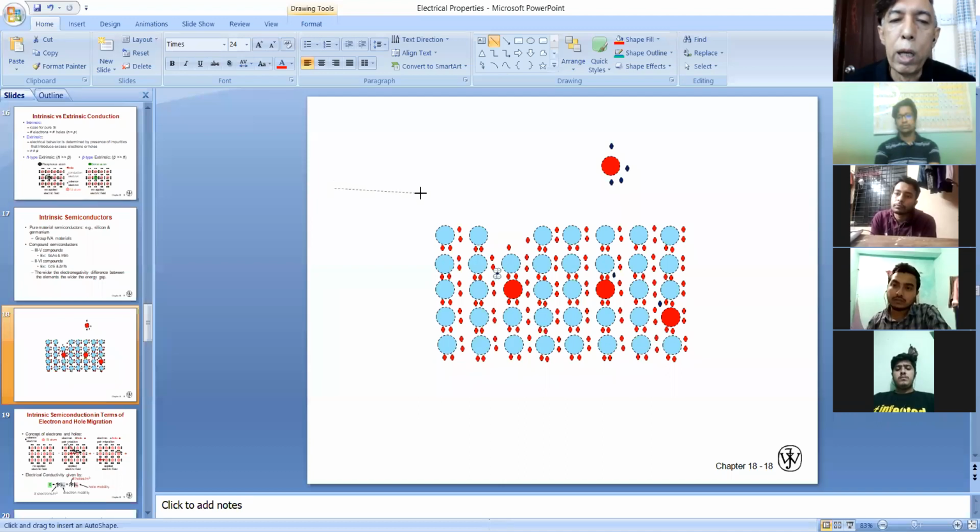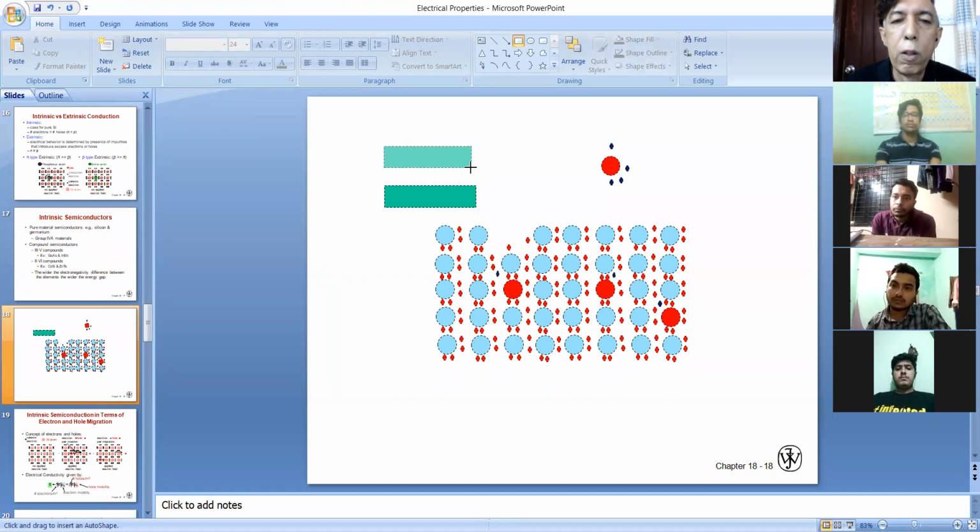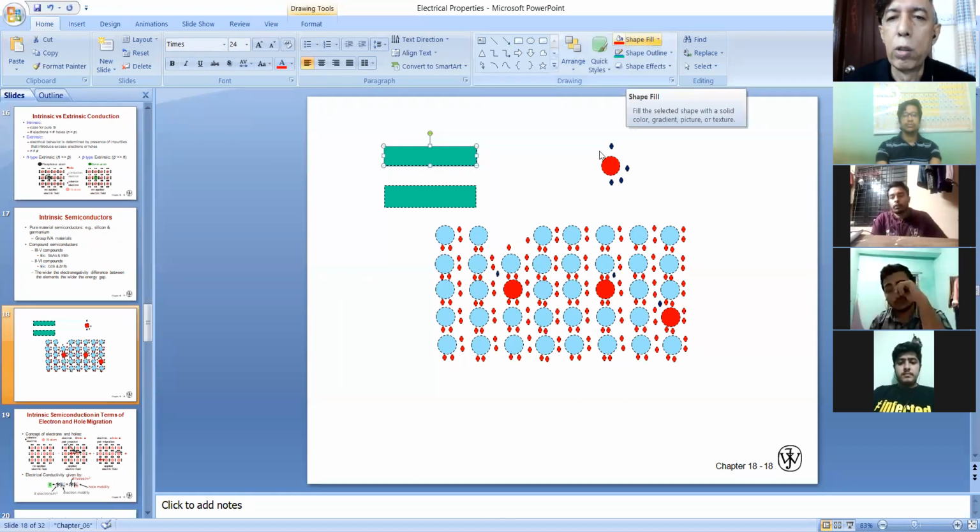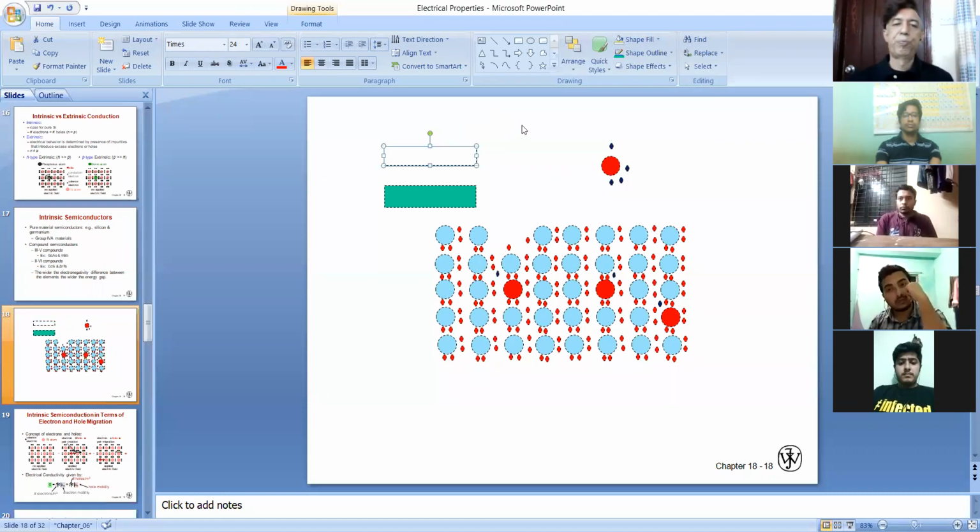Say, for example, this is the valence band, and this is the conduction band. The conduction band is empty.